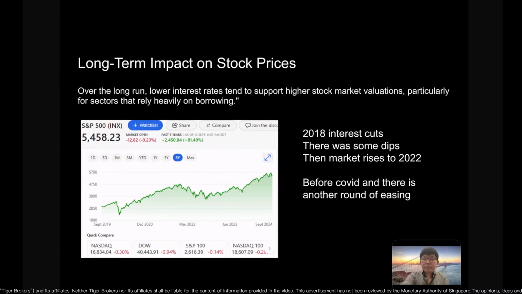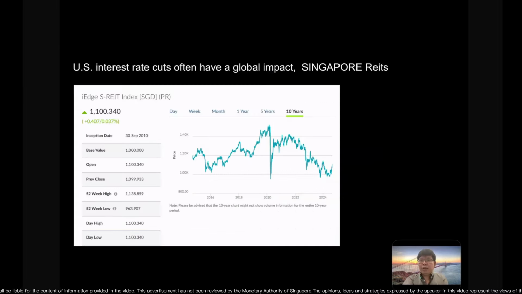During 2019 to 2024, with the interest cuts, the stock market actually improved. Then there was COVID, it went down a bit, then it went up again when another round of easing started.